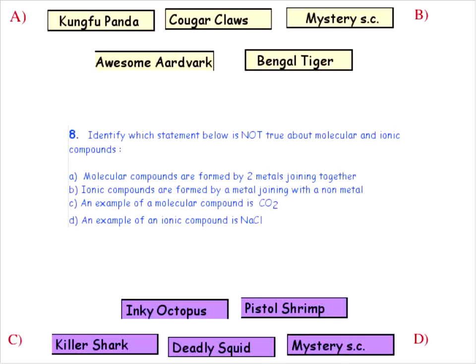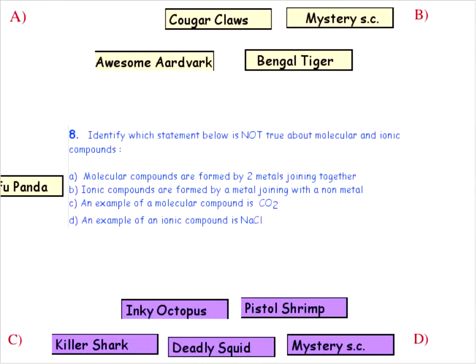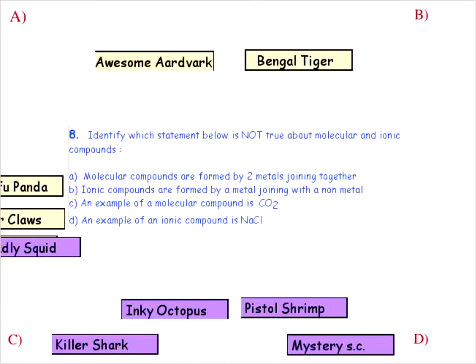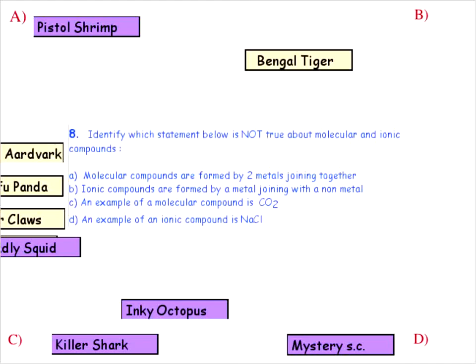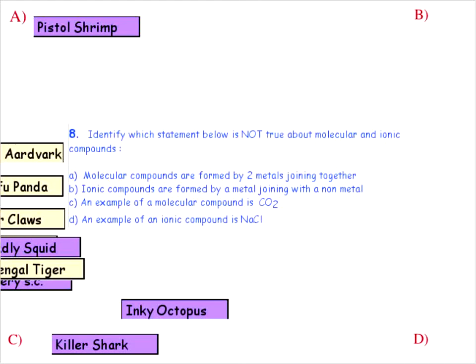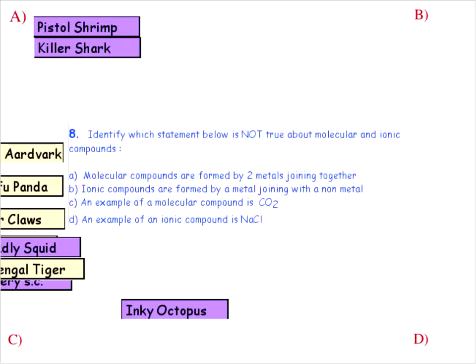It's pretty cool. Okay, identify which statement below is not true about molecular and ionic substances. What do you guys think? Okay, guys, you gotta guess. Otherwise, the other team will win. Okay, let's see.